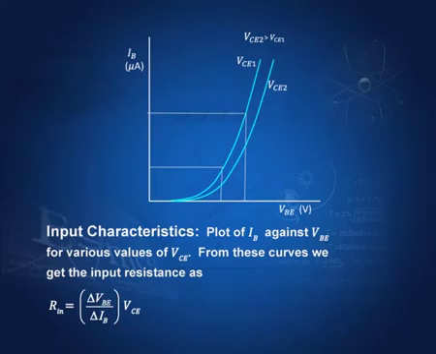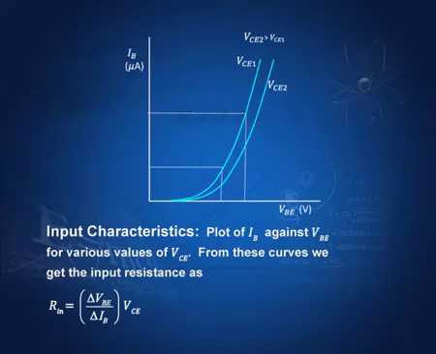And if I plot IB against VBE, then this is the kind of curves that we get. This is for one constant value of VCE, this is for another constant value of VCE. And what do we get from this input characteristics? We get the input resistance. How do you define the input resistance?